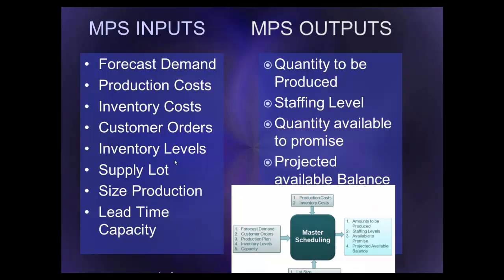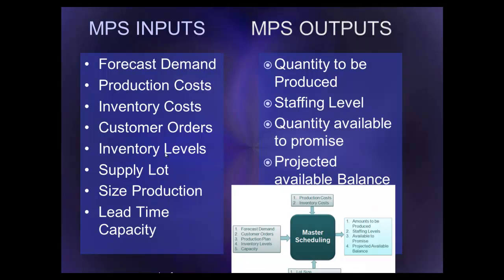In the case of an MPS system, we feed it information like forecast demand, how much we think we're going to sell, which is going to come from last year's sales, cost to make the garment, cost to store the garment, and customer orders already in the system, so in case we've already promised to satisfy a client, that goes into the master production schedule.